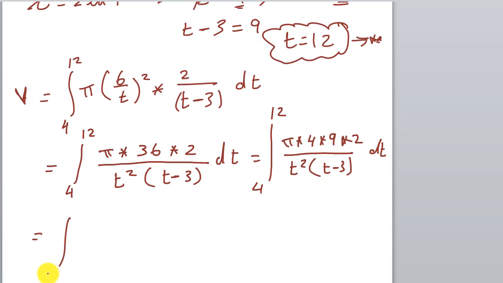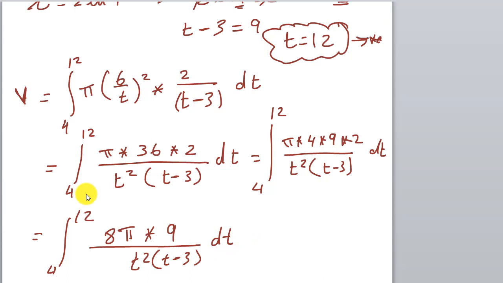So it's equal to the integral from 4 to 12 of 8 pi, since 2 multiplied by 4 is 8, multiplied by 9 divided by t squared (t minus 3) dt. 8 pi is a constant, so we take it outside.